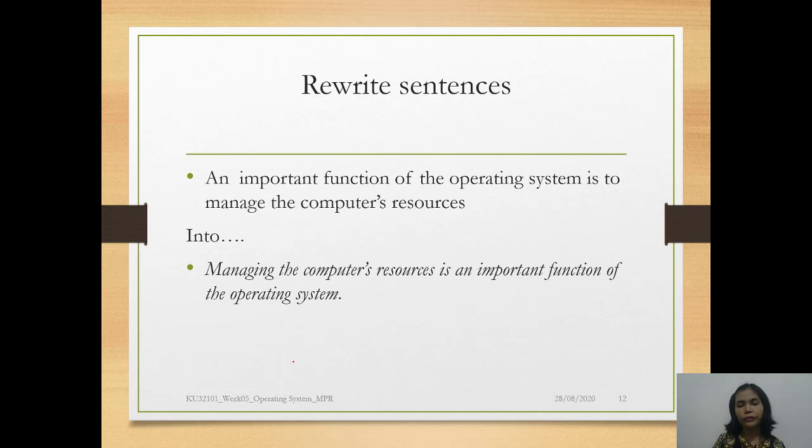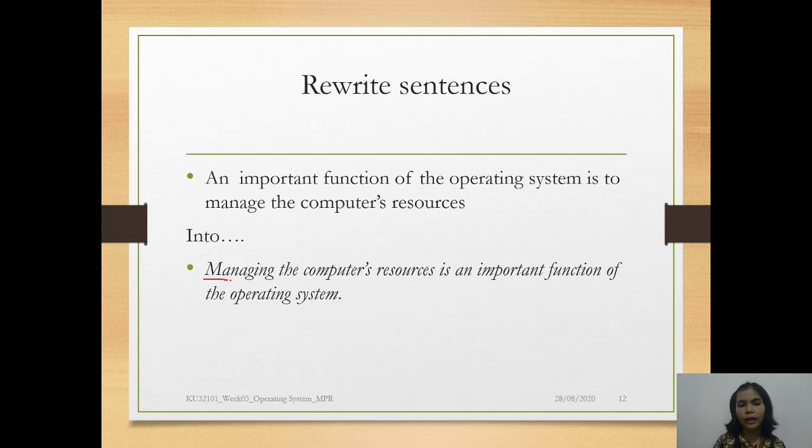Okay, very quickly over here, this is an example of how to change a sentence that has no gerund, or no ing form, into the ing form. For example, an important function of the operating system is to manage the computer resources. Now, if you want to change it into an ing form, you can say, managing the computer resources is an important function of the operating system.